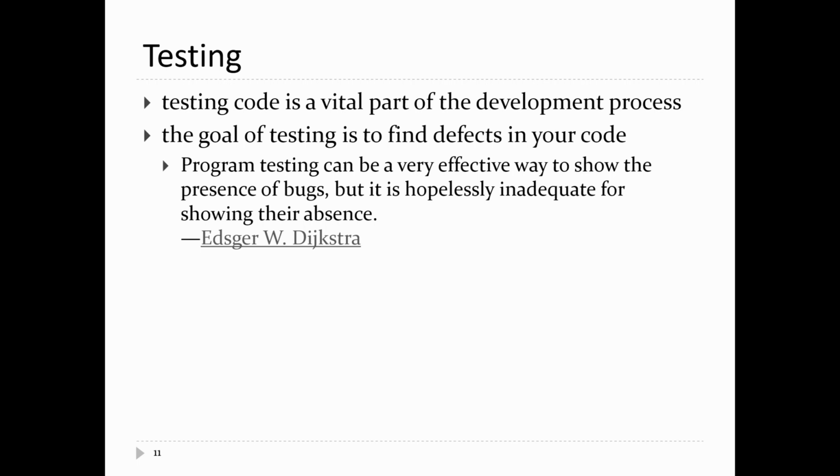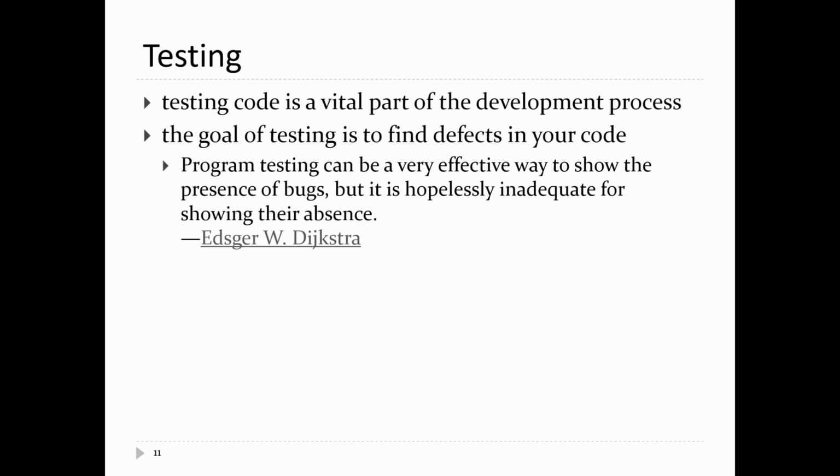When you're testing more complicated code, it's actually very hard to figure out what is the expected result in many cases. So if you're writing a method that implements some mathematical function, how do you actually determine what the correct answer is for that function?